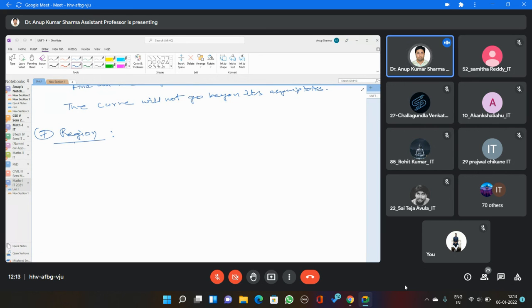Like x greater than 2 and less than infinity. Okay, so this equation is not satisfied, that's why the curve does not exist there. So at least we are getting the information that the curve will not be here, and how it moves through the origin and intersects other things. You can draw the curve region.